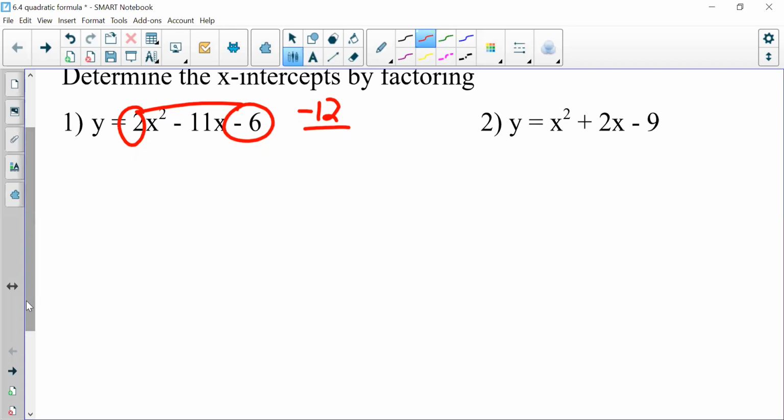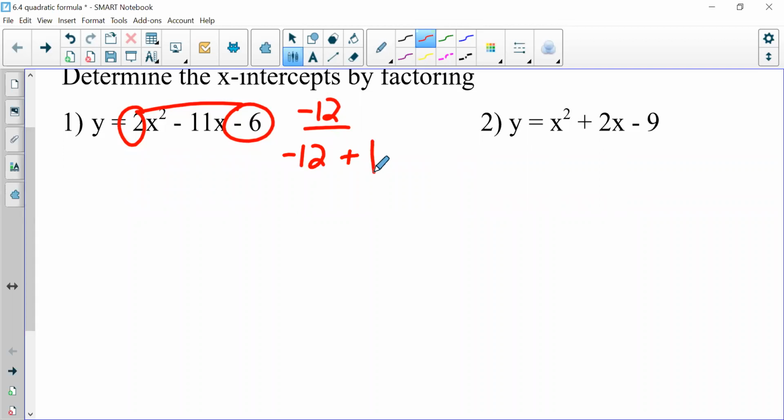So let's see. Bear with it for a few minutes, guys. What am I doing with -12? Multiply to -12 and add to -11. -12 and +1.